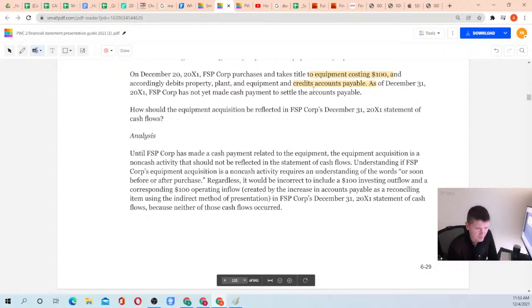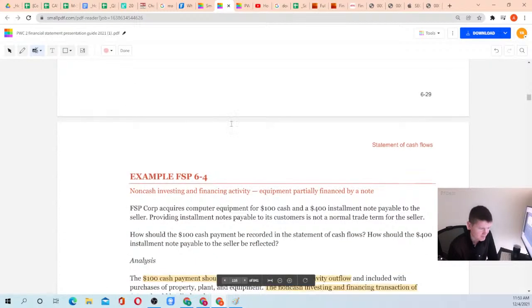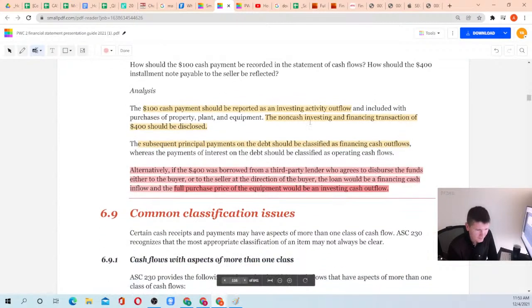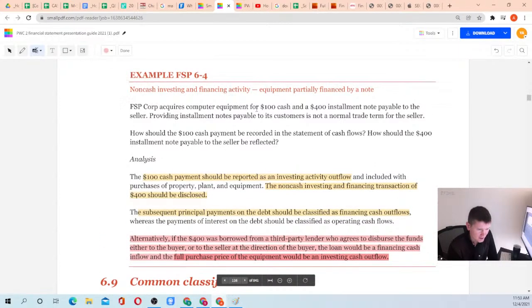So if we buy equipment but we do not pay for it, this is a non-cash transaction. Okay, so if we got an installment note payable to the seller, that's important. Also, if we paid 100 cash and got a 400 installment note, we will consider that transaction in our practice.